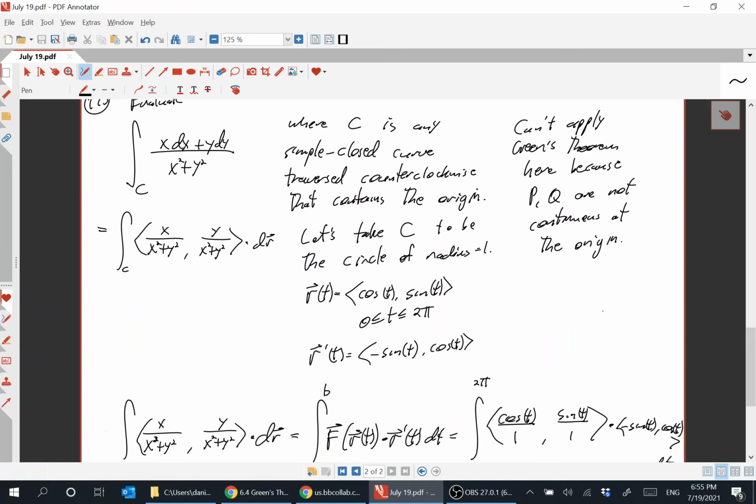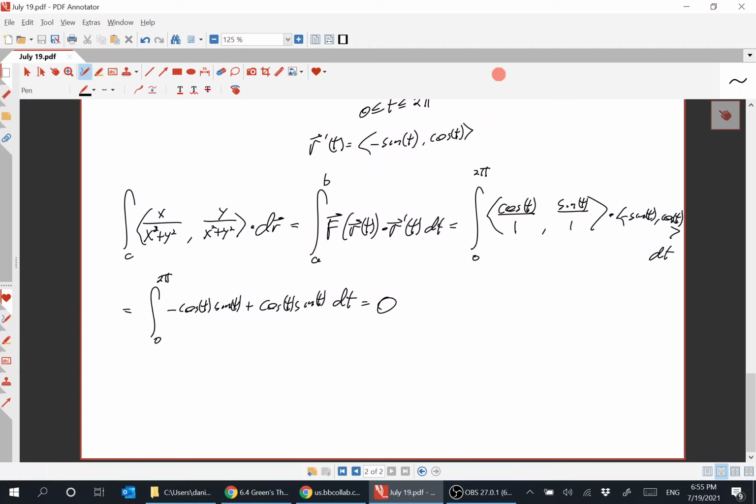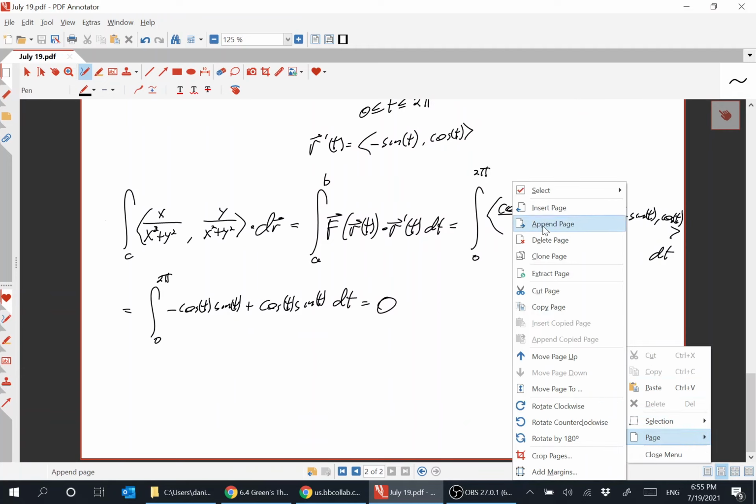And if we were to apply Green's theorem, so it's Q_x minus P_y. Suppose we were to have tried to apply Green's theorem.